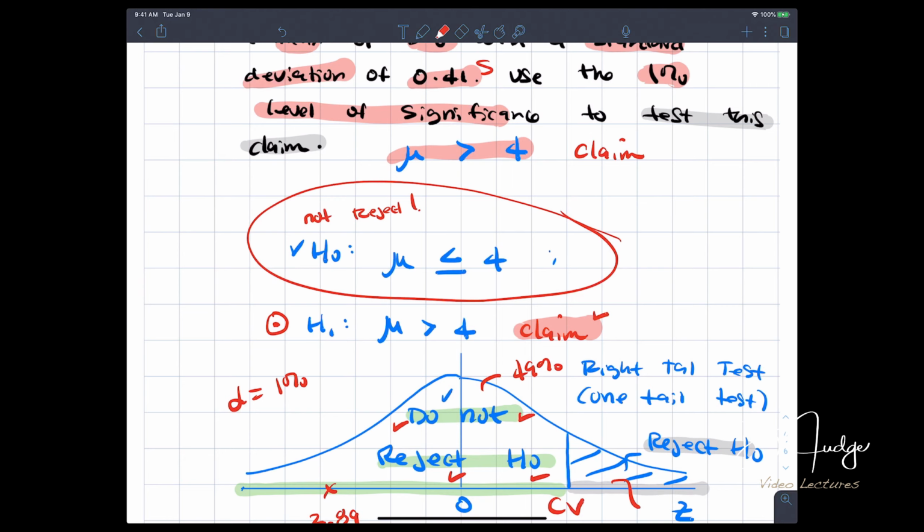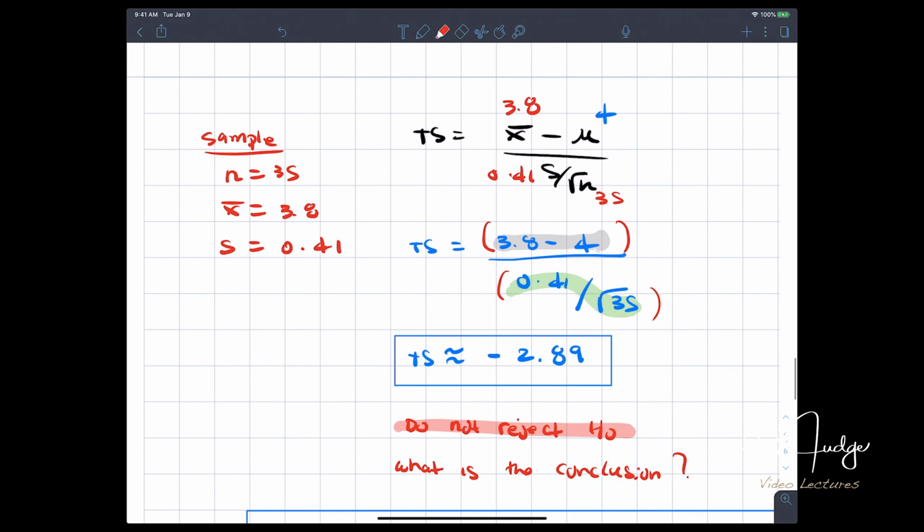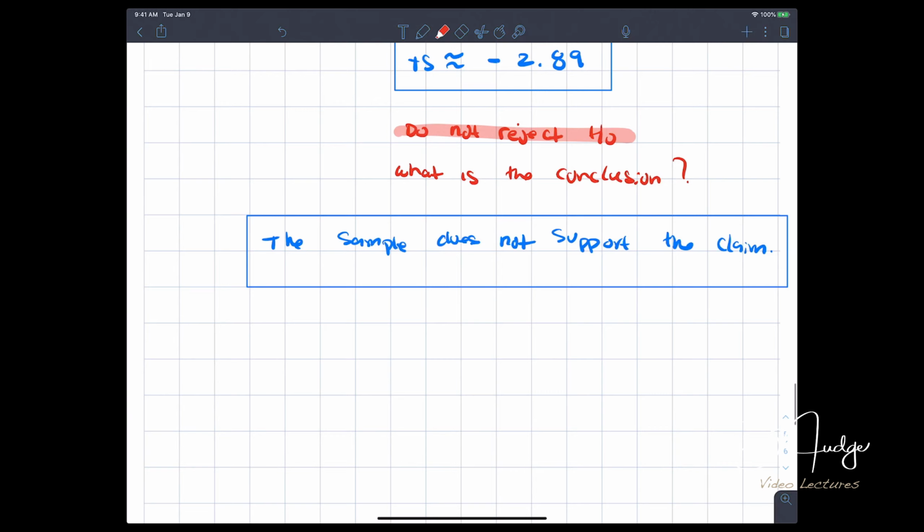The evidence is suggesting that, yeah, your claim is wrong. But how do you say it? You say it this way. The sample does not support the claim. And that's a does not support situation. All right.